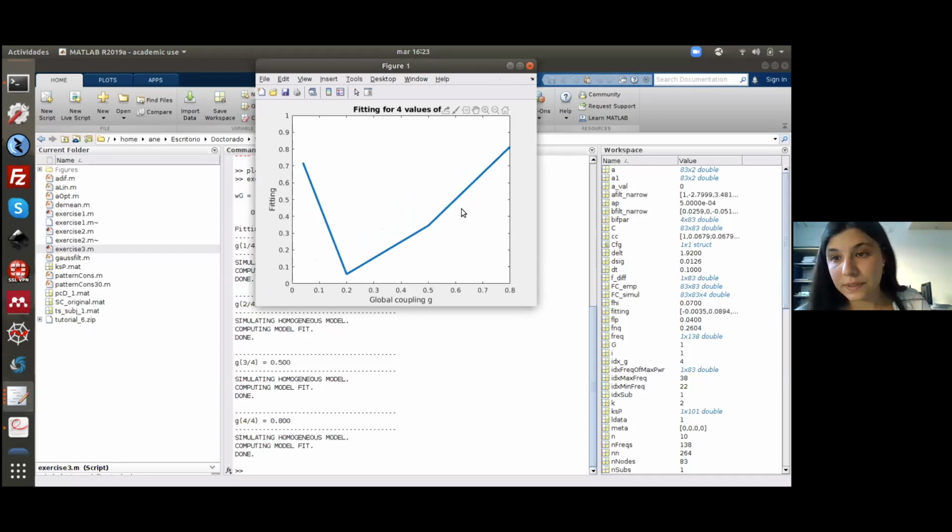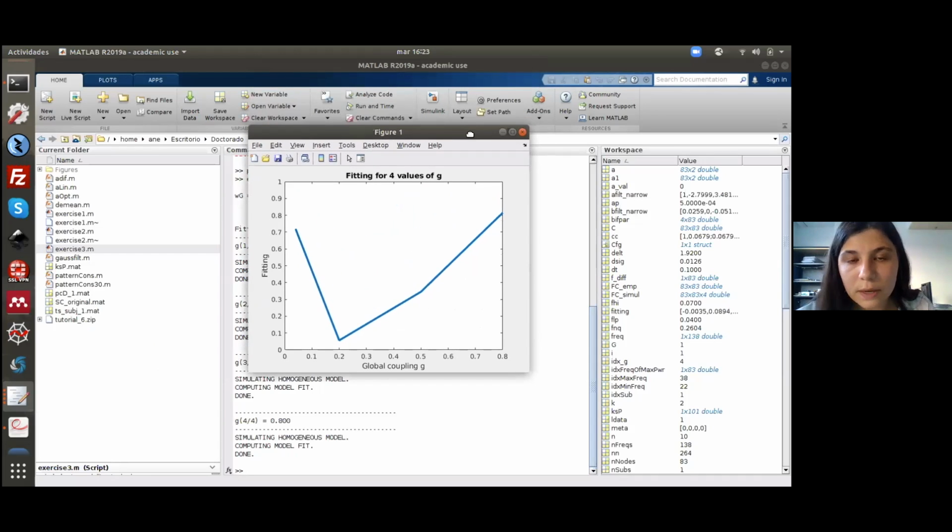This fitting changes every time that we run the model, because we have also some random effects, for example the noise, and mainly the noise. So there could be some changes in the fitting. So if you do it in the virtual machine, or at your home, maybe the results are a little bit different.